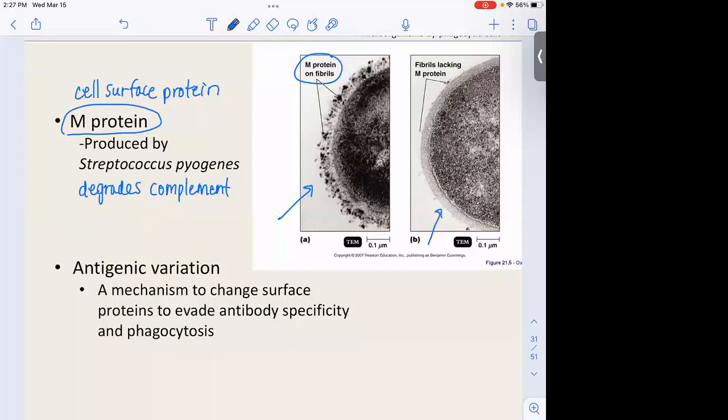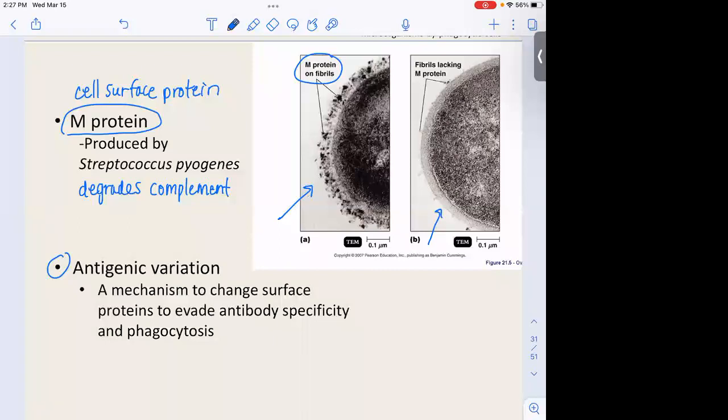And also there are a number of organisms that have mechanisms to change their surface proteins. The organism that causes gonorrhea is really good at this. HIV is good at this. The organism that causes Lyme disease is really good at this.